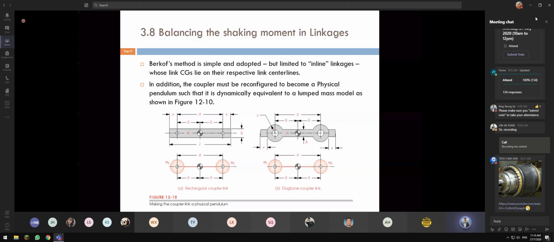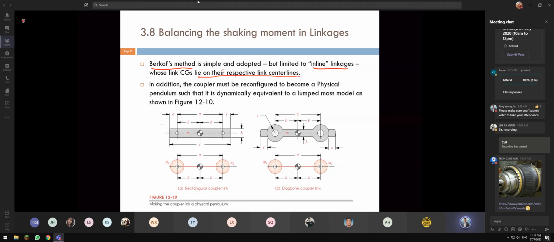Okay, so now there is a method here on balancing the shaking moment of the linkage. One of them is called the Birkhoff method. This is simple and widely adopted, but it is only limited to inline linkages, whose link CG lies on their respective link center.